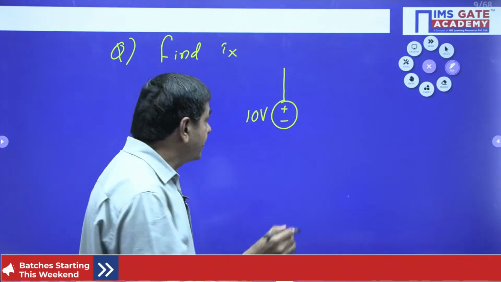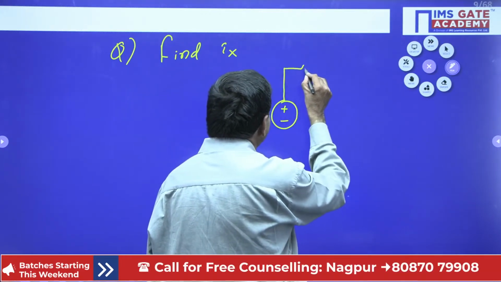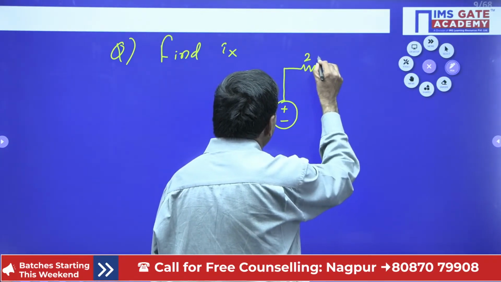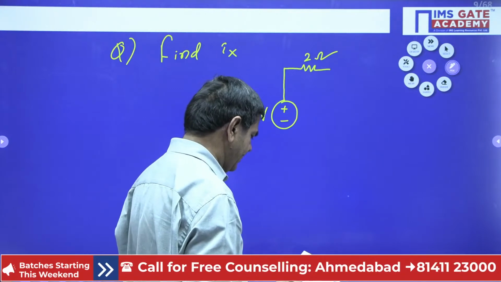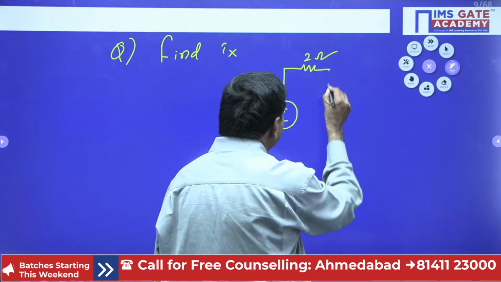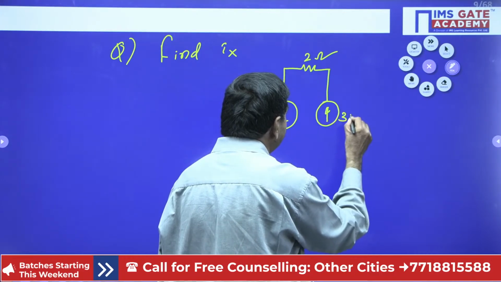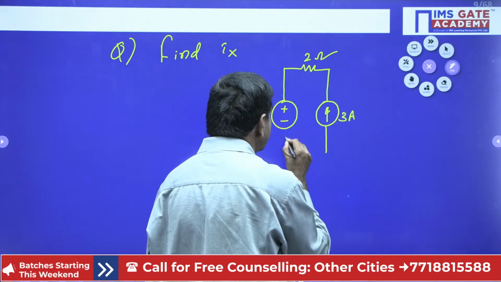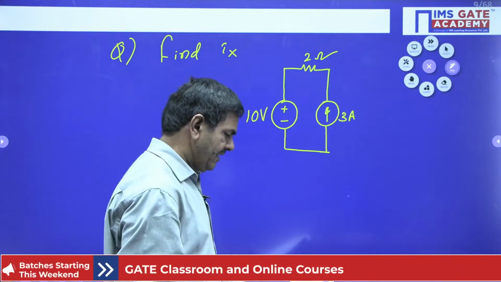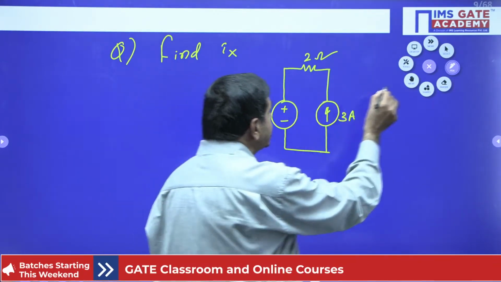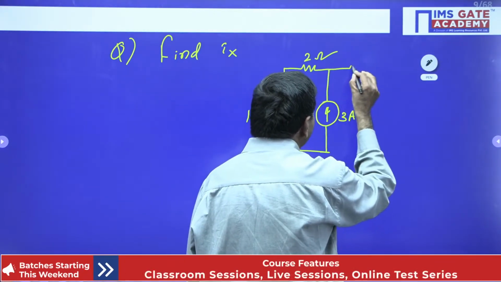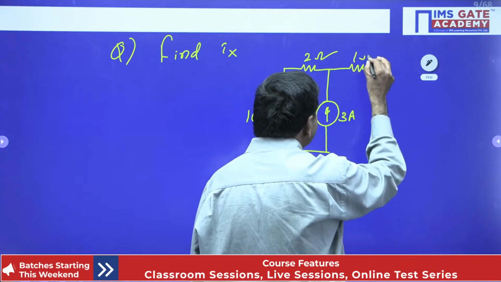And also a 2 ohm resistance is connected this side. And a current of 3 amperes passing this side. This is given as a current source like this, 3 amperes. And a 1 ohm resistance is connected this side. There is a 1 ohm resistance.